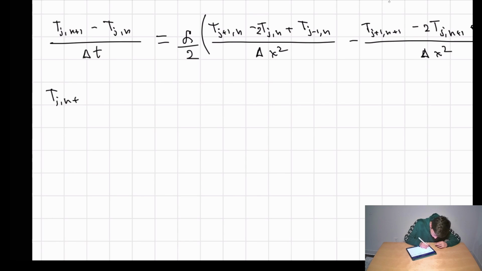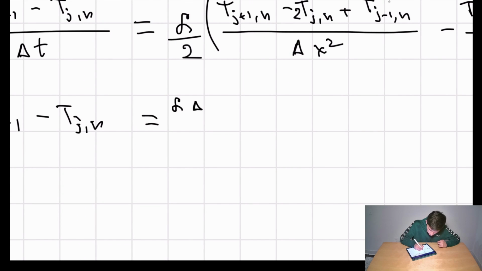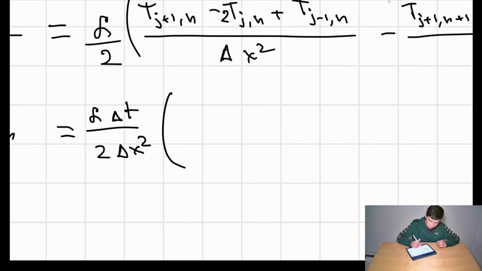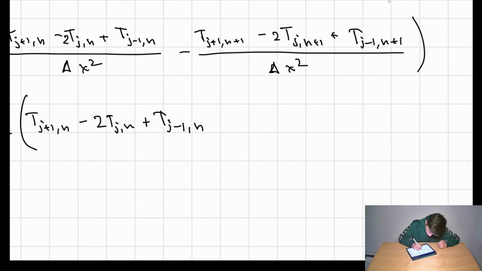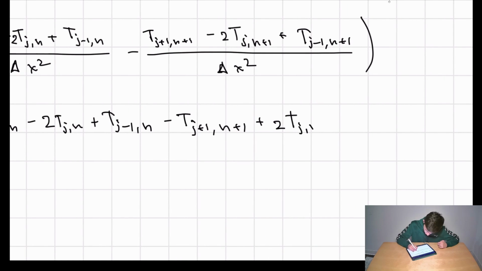So what I'm going to have is the temperature at a later time minus the temperature at the current time, Tj, equal to alpha times delta t over 2 times delta x squared, times what's inside: Tj plus 1 minus 2 Tj plus Tj minus 1, minus Tj plus 1 at a later time plus 2 Tj at a later time, so negative becomes positive, minus Tj minus 1 at a later time.